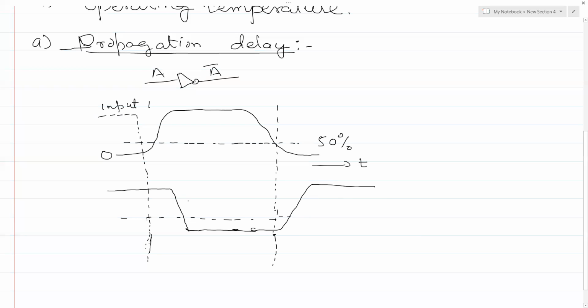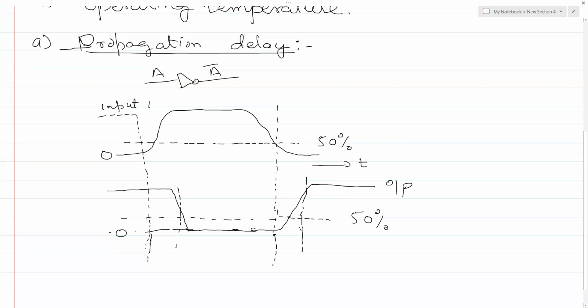So this is your 50%. This is your input 1, and this is the output for it, and this one will be considered as 0.